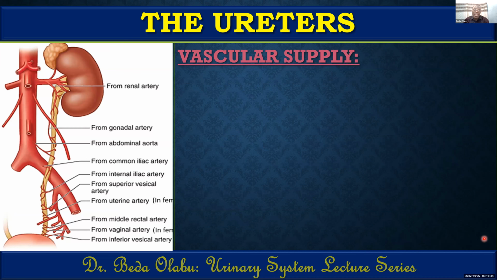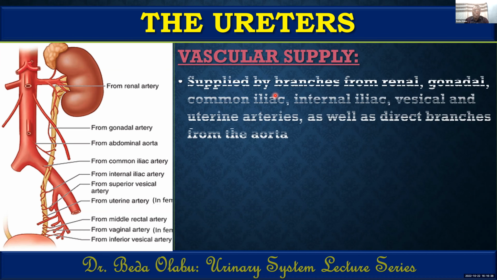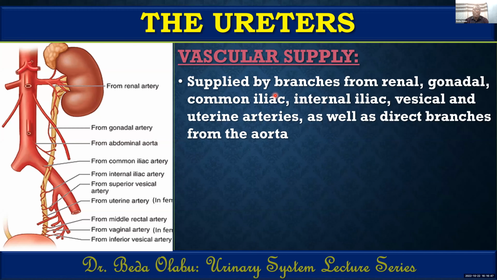Let's talk about the blood supply to the nephron. We'll majorly focus on arterial blood supply. So the ureters, did I say nephron? No, ureter. Now the ureters are supplied by several arteries which supply segmentally.